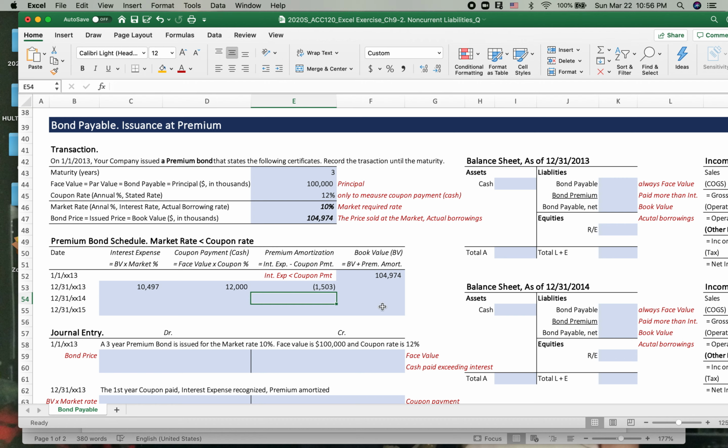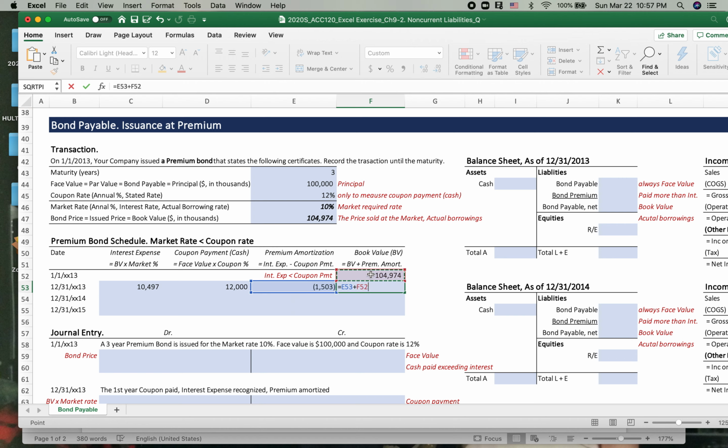Why? Because at maturity, the company will pay back not 104,974 but $100,000, the same as the principal. So let's add, which is minus. Then the book value has been reduced by the premium amortization amount.